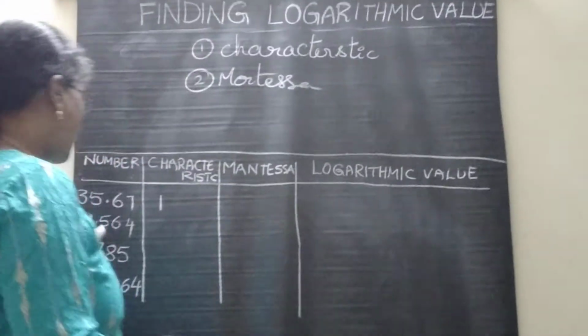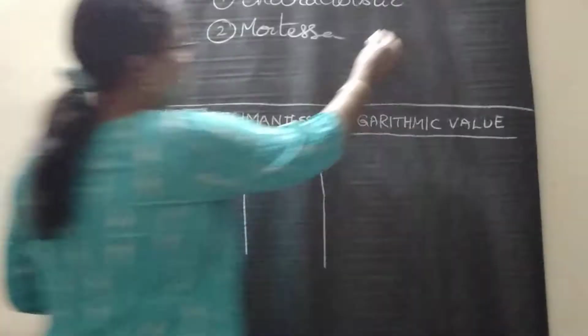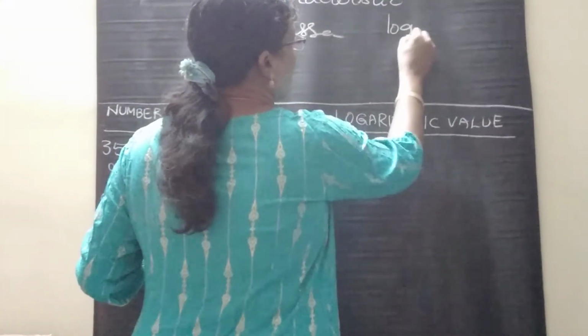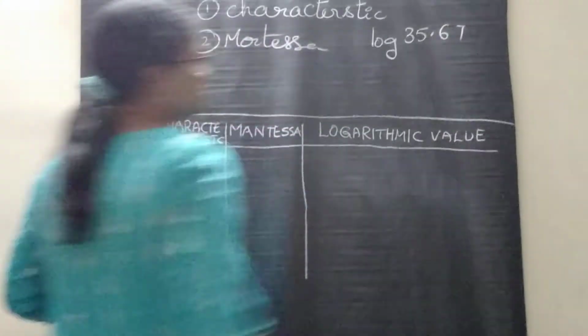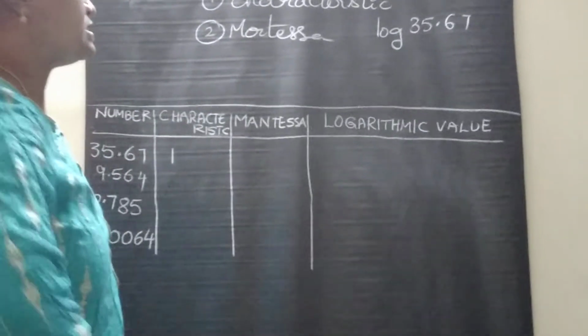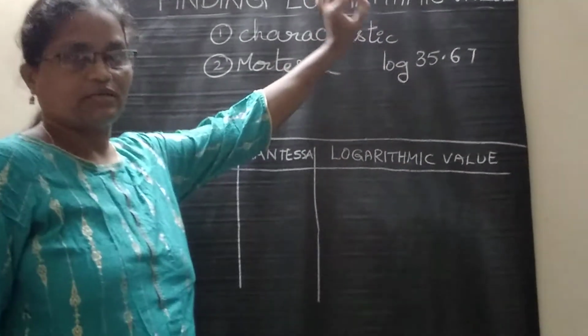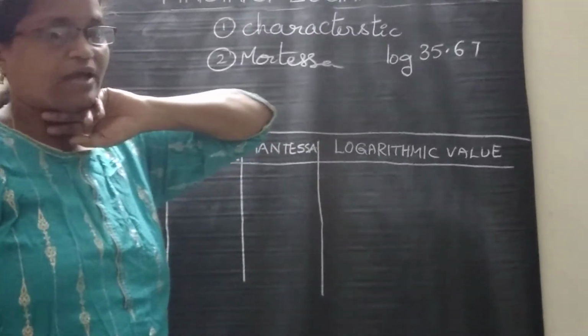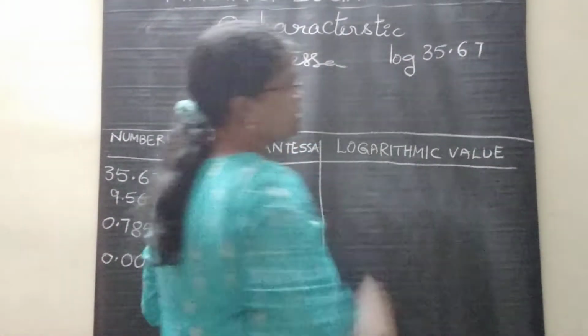So I am taking the first logarithmic value, that is, to find the value of log 35.67. To find the characteristic, first you take the integral part.